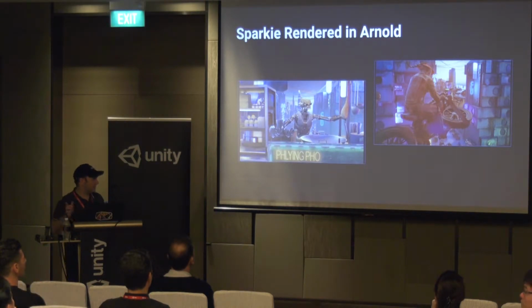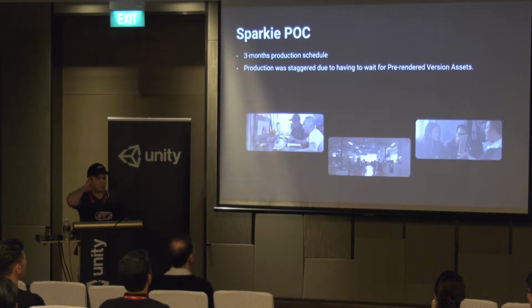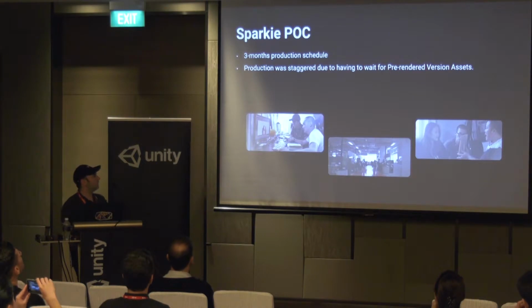You might have seen the Unity version in the keynote this morning. We had a pretty short production schedule. We did this in about 3 months. It was staggered because the offline, the Maya Arnold version was still getting finished, so we had to wait for some of their assets, and also we were trying to match their final look.